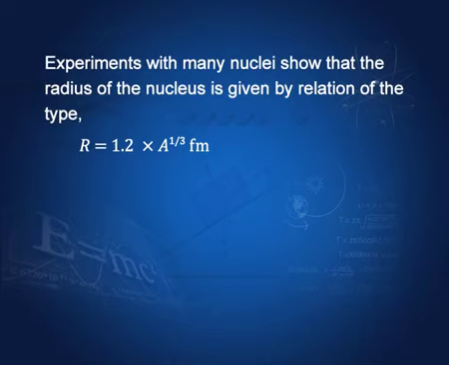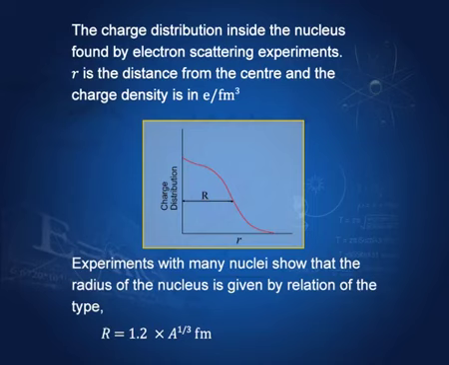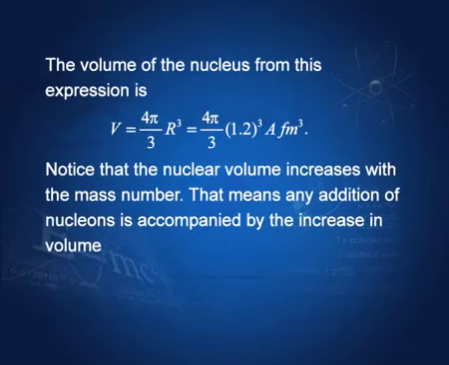A is the mass number. So, the data can be fit to this radius: R = 1.2 A^(1/3) Fermi. This is the radius of the nucleus. The volume is 4π/3 R cubed.